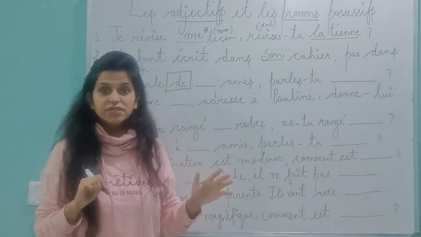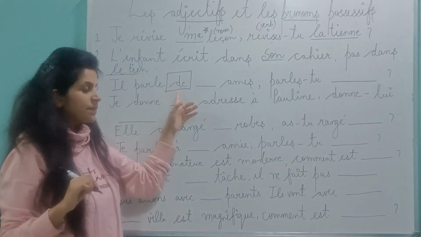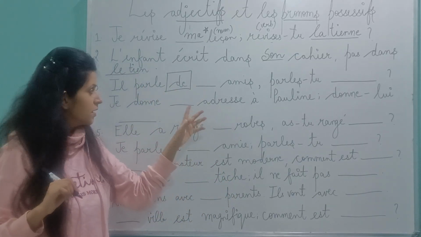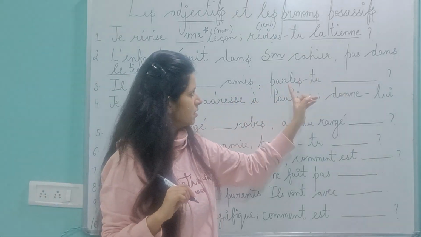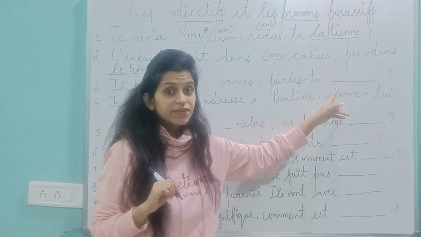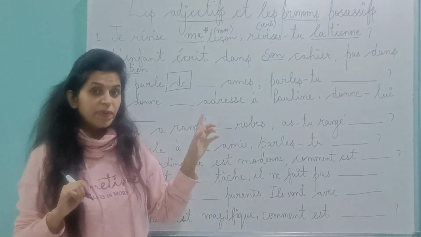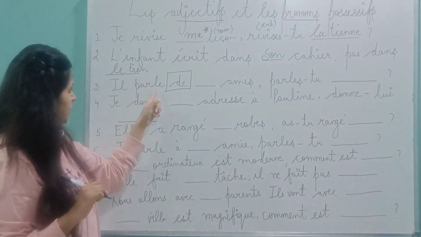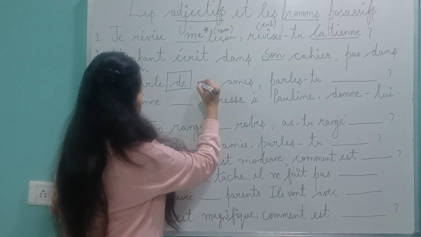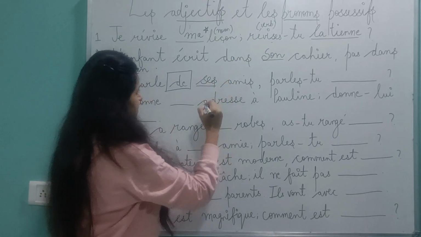Because majority of the time with the first verb, preposition will be given for the first time and next time they will not give it. See, parle tu dash. It's not given here. So you need to contract it yourself. It will not be given. Okay? Il parle de dash ami, speaking about his friends.